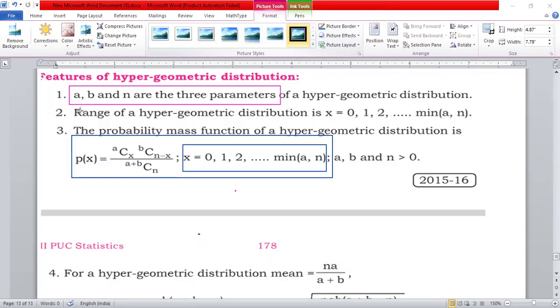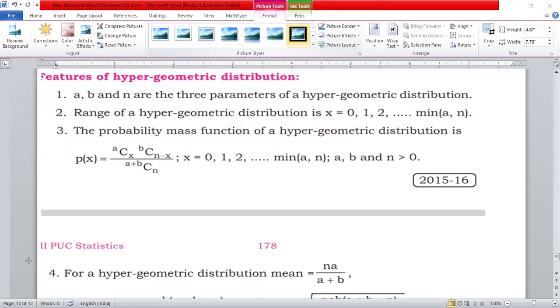If they're given order-wise, first is A, second is B, and third is N. Please remember, A, B, and N are the 3 parameters of hypergeometric distribution. And the range is 0, 1, 2, etc., minimum of A comma N.